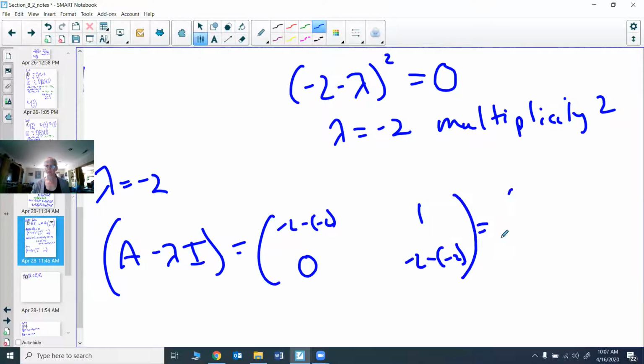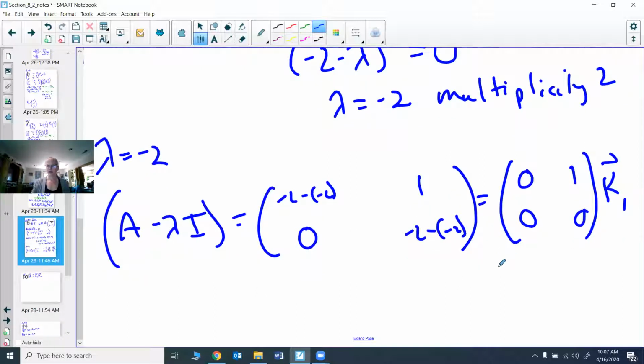And so you end up with 0, 1, 0, 0, multiplied by some k, we'll call it k1. And again, that's going to equal the 0 vector in this case.